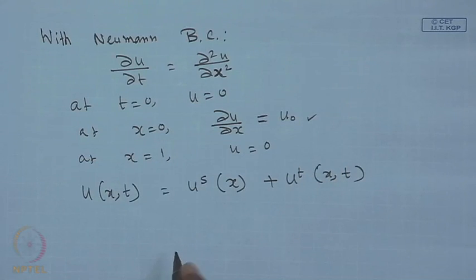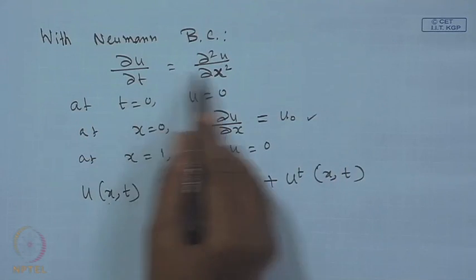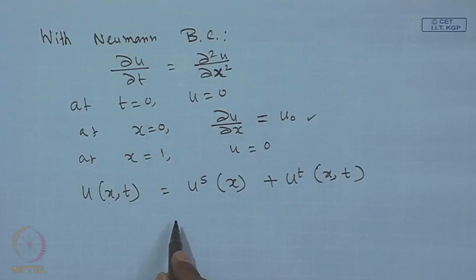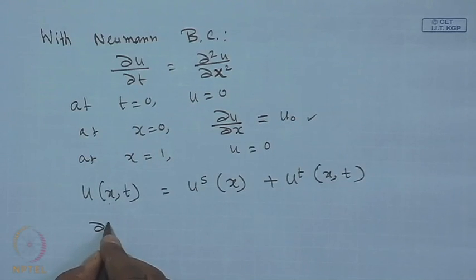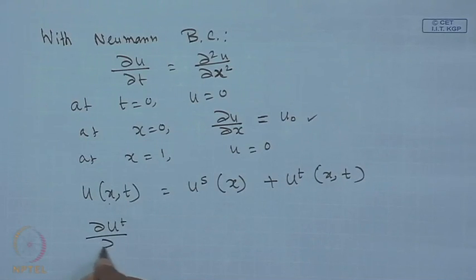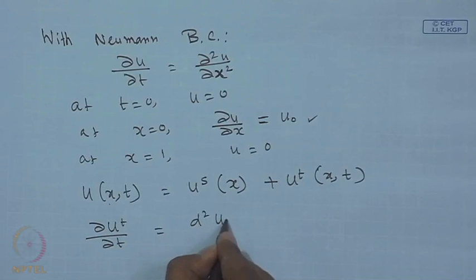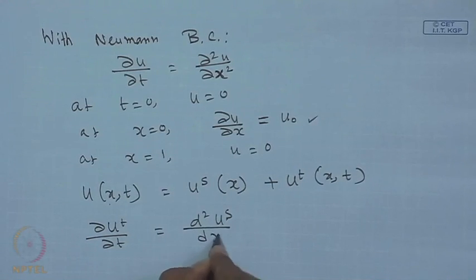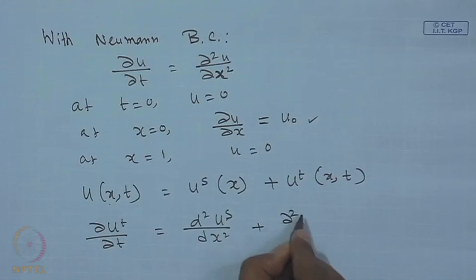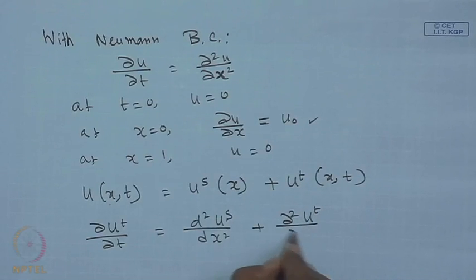So, next we will be putting this into the governing equation and get the governing equation and the boundary condition of both u s and u t. If you do that, you will be getting del u t del t is equal to d square u s d x square plus del square u t del x square.